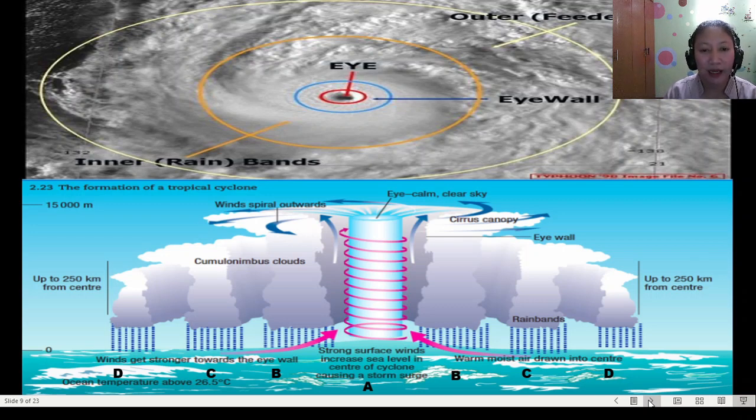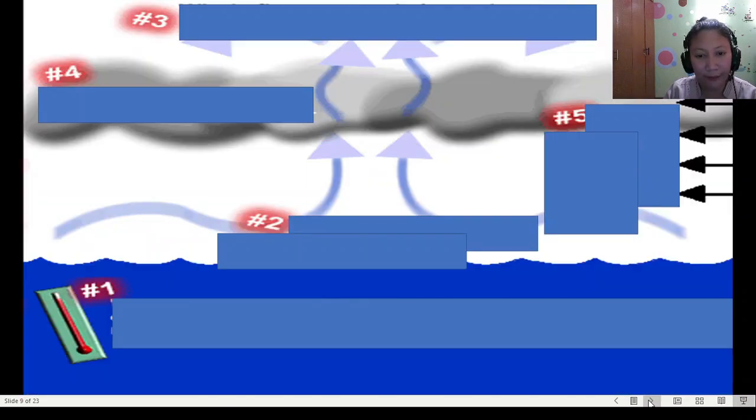So, yan, talagang mabubuo siya bilang isang bagyo kasi talaga magpapaulan siya and marami mga or malakas yung hangin na may kasamang pag-ulan, pagkulog, ayan, kasi nga malaki yung nabubuong clouds. The E is the eye wall, the eye, and then the F, both sides yan yung kanyang eye wall.